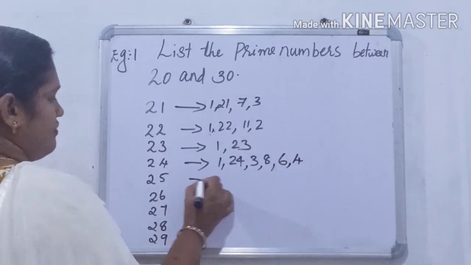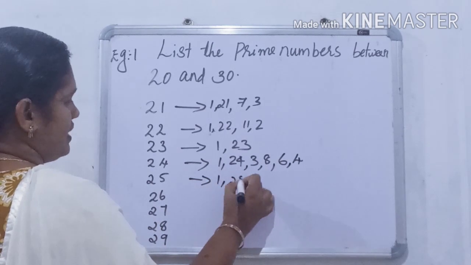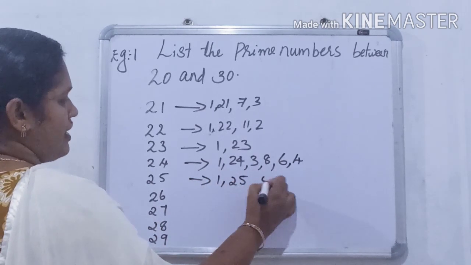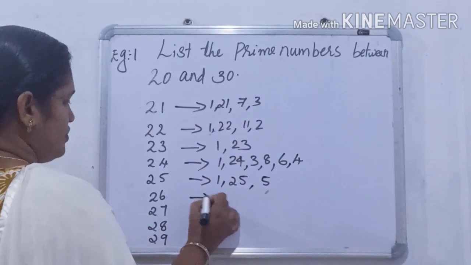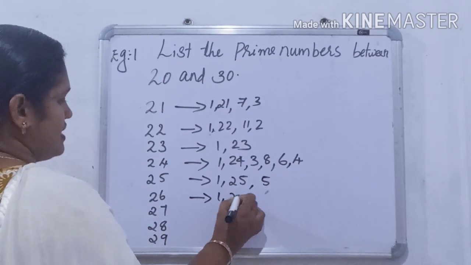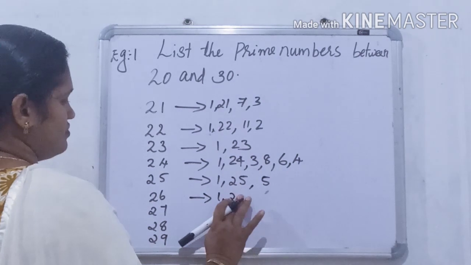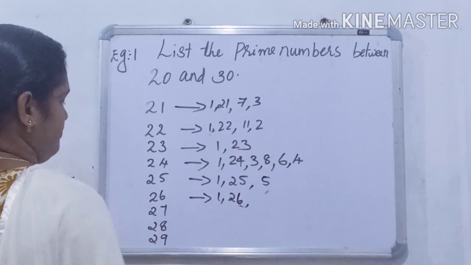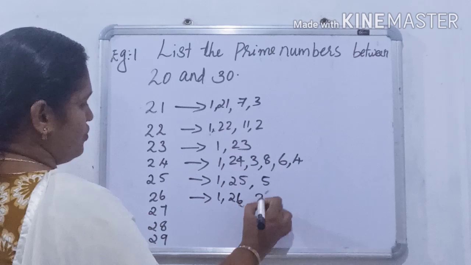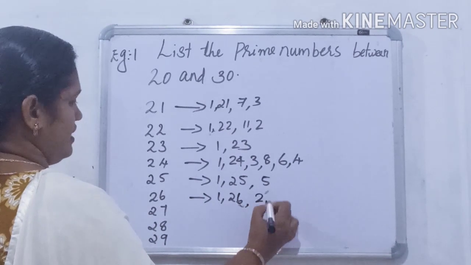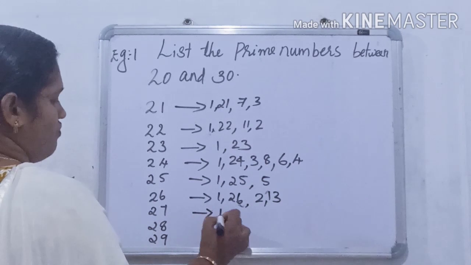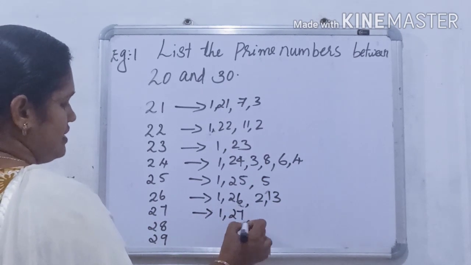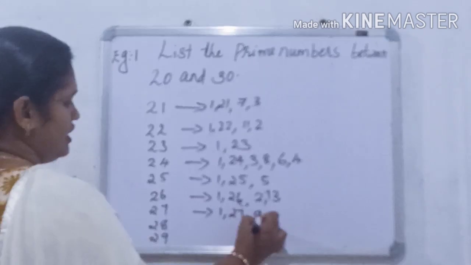Then 25: 1, 25, 5, 5 fives are 25. Then 26: 1, 26, 2, 13. 27: 1, 27, 9 into 3.